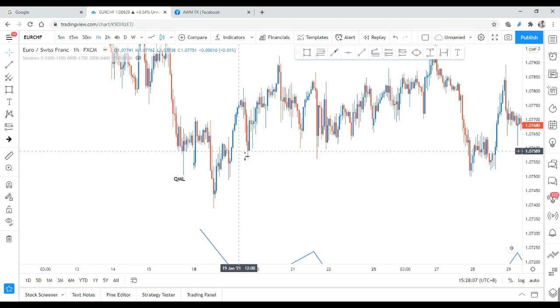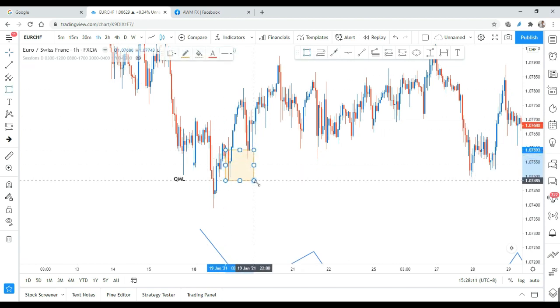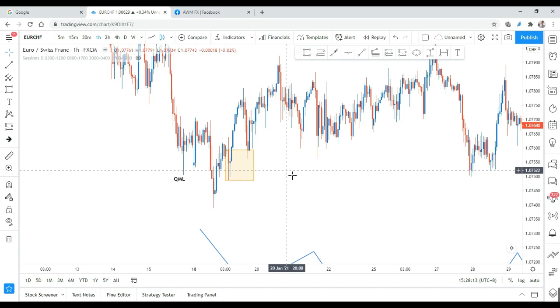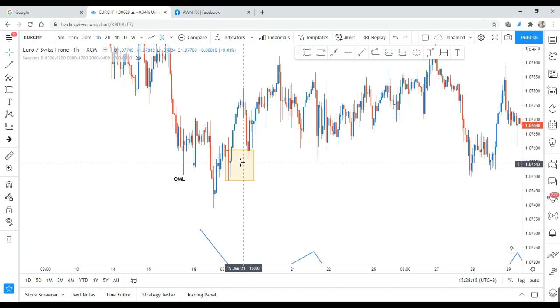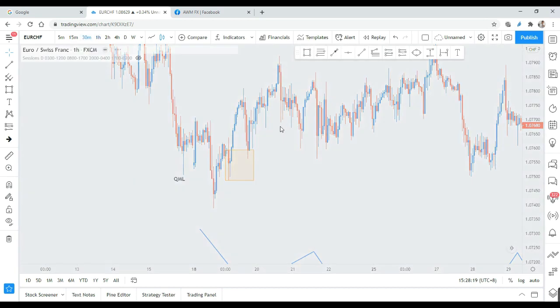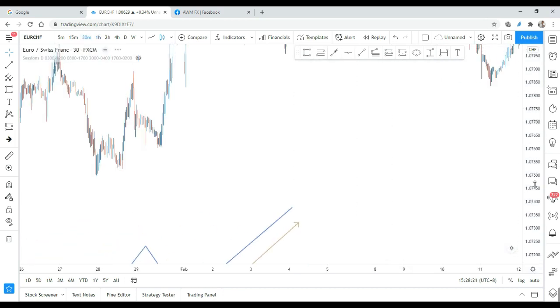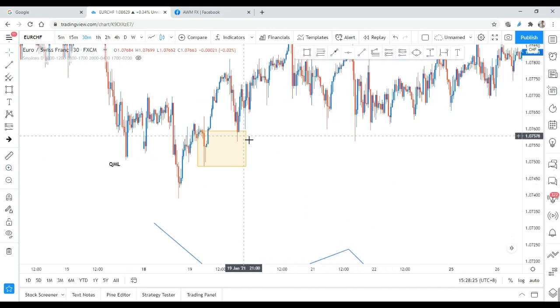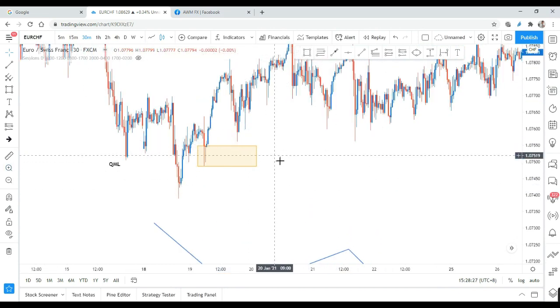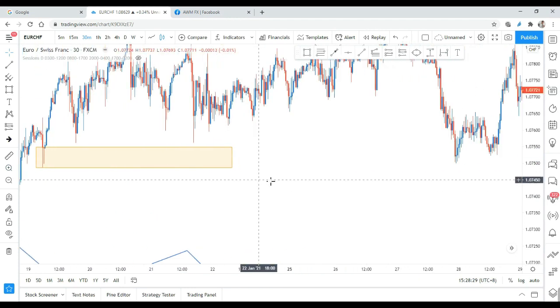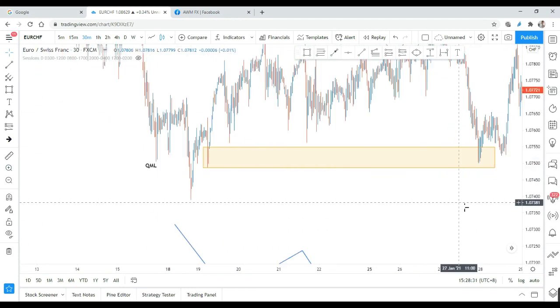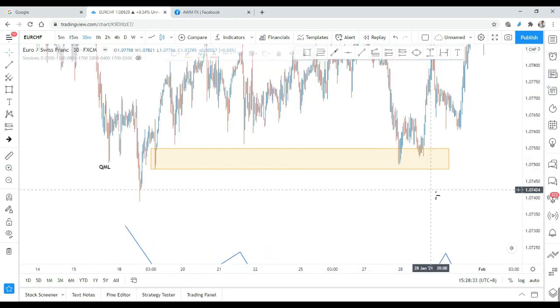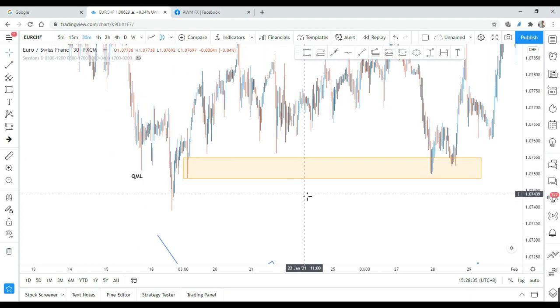I know that this demand zone is already consumed or tested in a higher time frame, so I don't force myself to go into a lower time frame to get another zone. Of course, if I do, there should be another fresh zone there, but I don't do that.